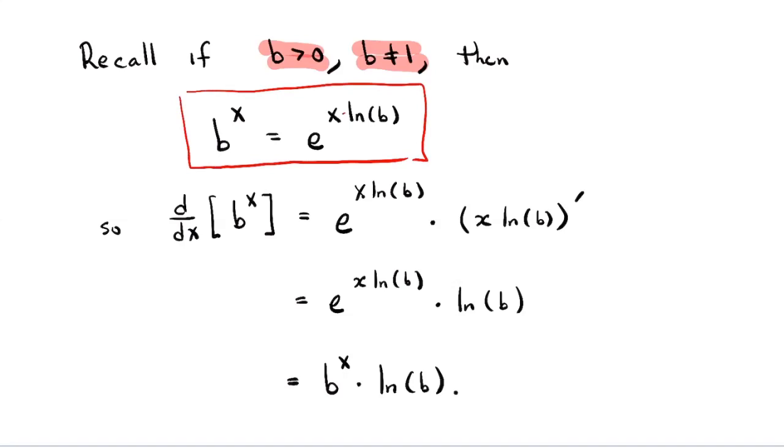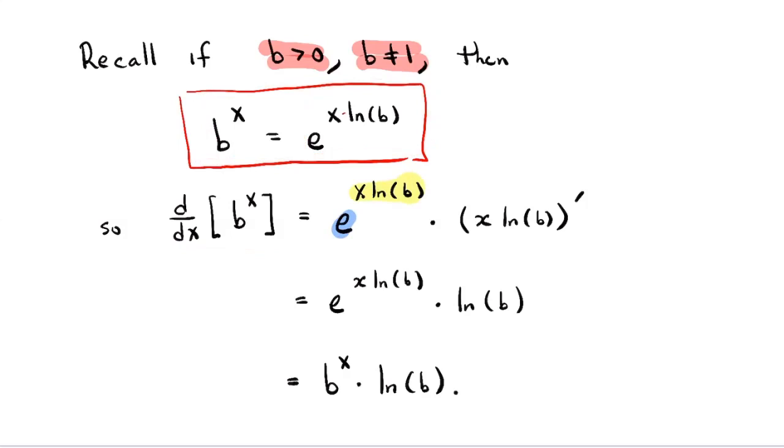So we can take advantage of that and the chain rule if we wanted to calculate the derivative of b to the x. Looking at this boxed formula up here, we can just differentiate e to the x times log b. So what's the inside function? The inside function is the exponent, and the outside function is the e.